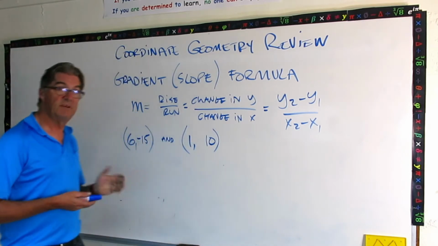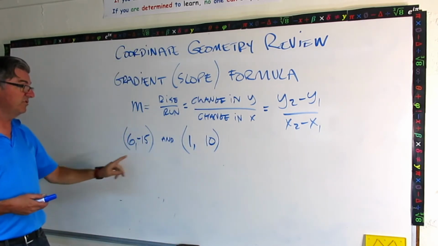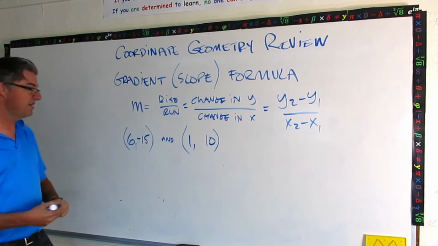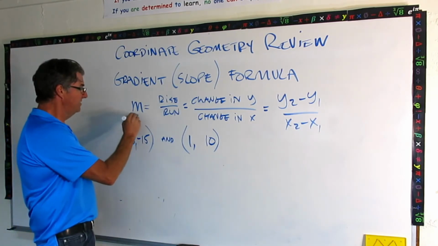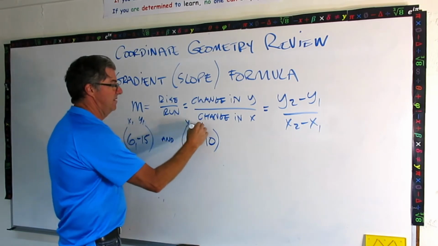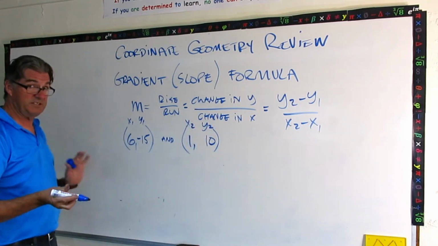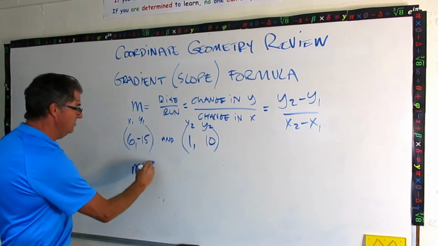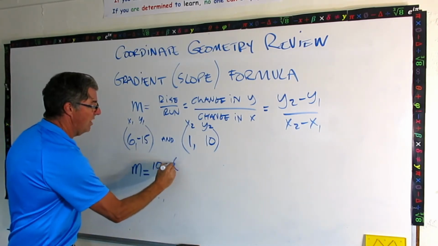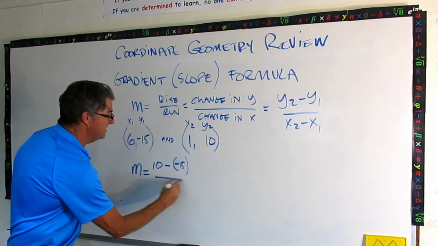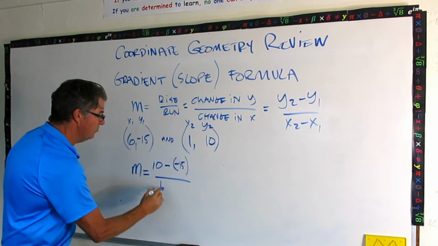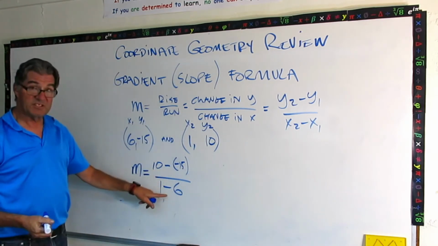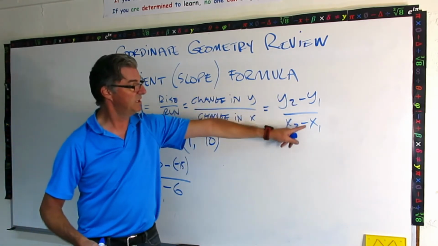So let's do a problem. In fact, pause the video right now if you think you can do that one. Find the slope between these 2 points. Okay, let's see how you did. I always like to do this. That way you don't get discombobulated. Slope, which is m, equals y2, 10 minus y1, which is negative 15, over x2, which is 1, minus 6. Now, notice how the negative signs are part of the formula.